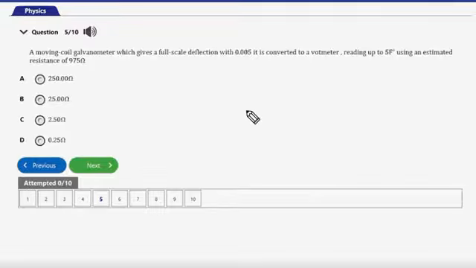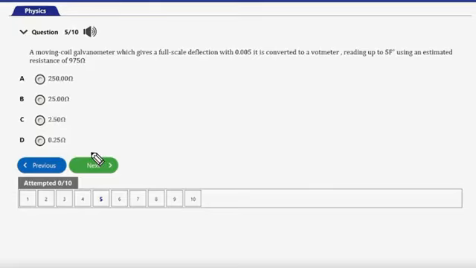So we are to actually calculate the resistance of the galvanometer here. Looking at the options here, we have 250 ohms, 25 ohms, 2.5 ohms, and 0.25 ohms.